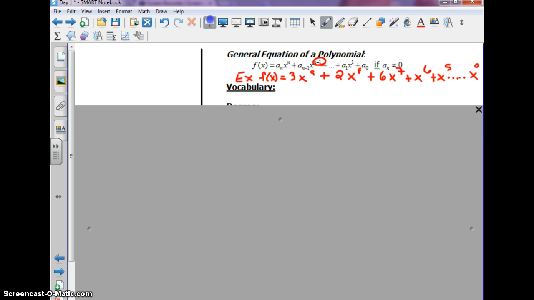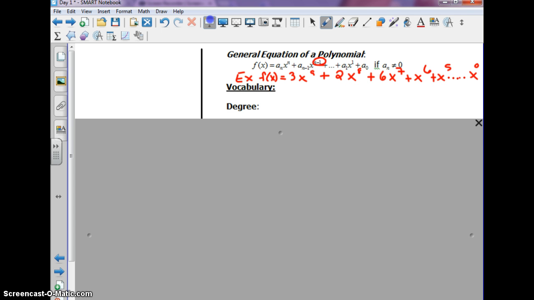We always want to have our functions in standard form, where the highest exponent is first. So if you notice, my example has x to the 9th, and that's the biggest exponent, so I put that first, and then all the other ones go down in descending order, okay?